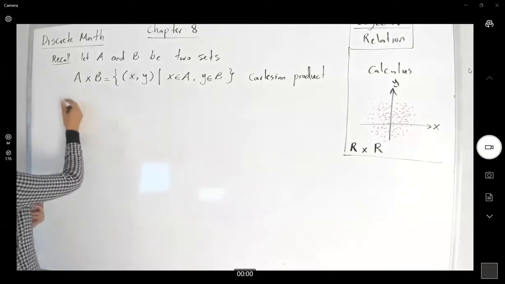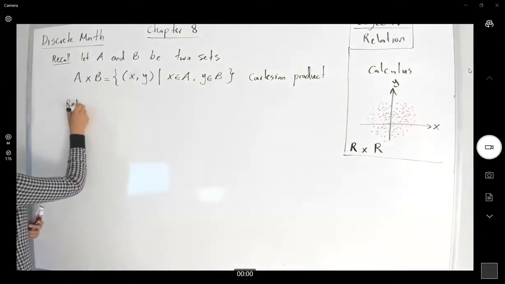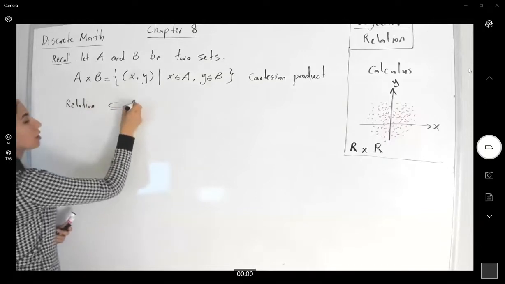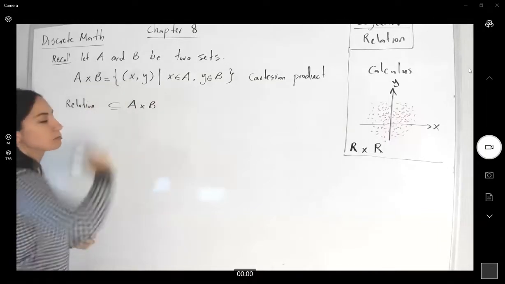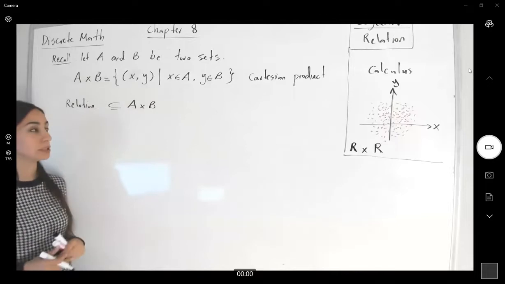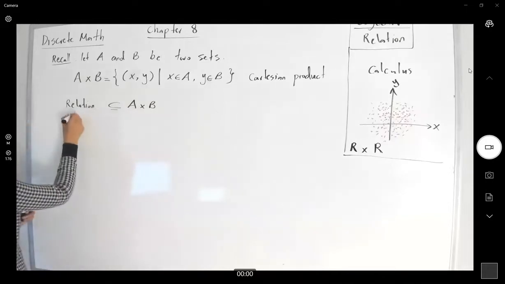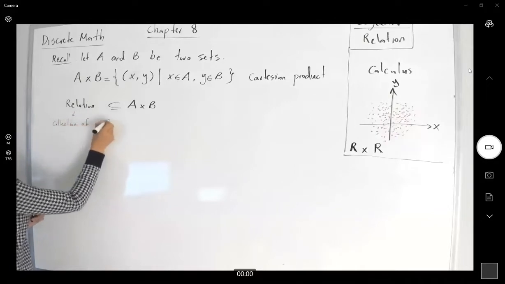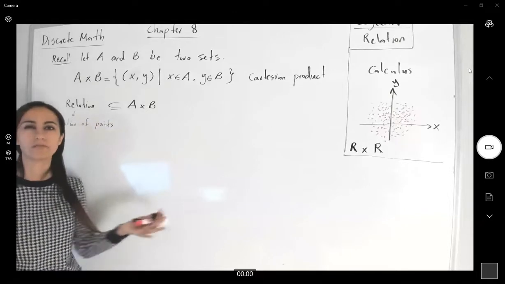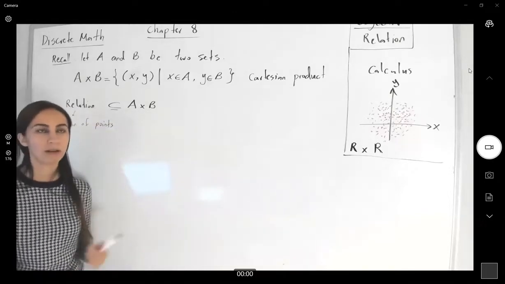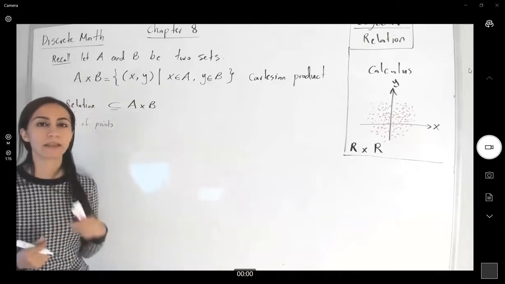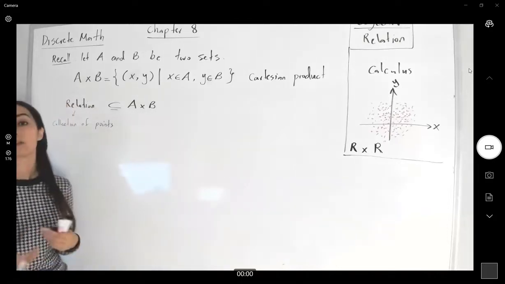So we said that a relation is a subset of the Cartesian product between A and B, a collection of points. Well, sometimes this collection is meaningful. Some other times we cannot follow anything or grasp anything out of that relation.